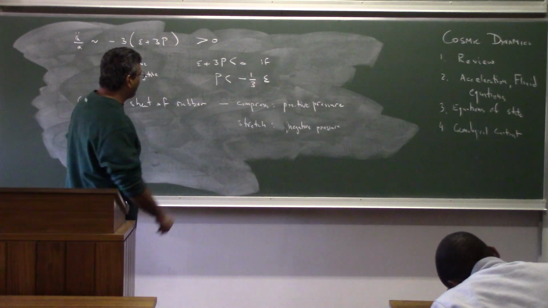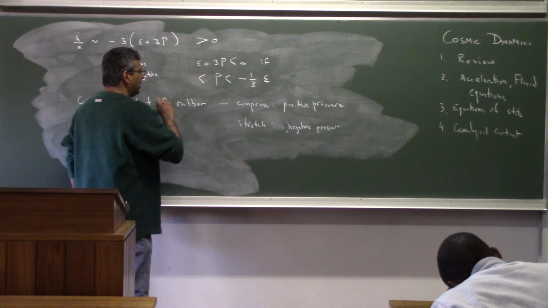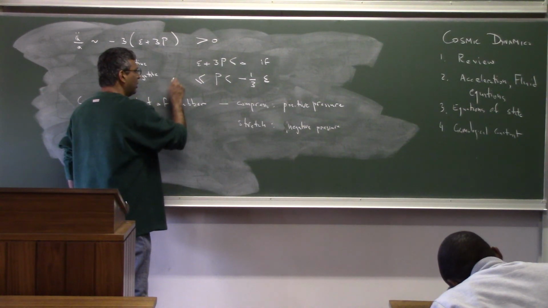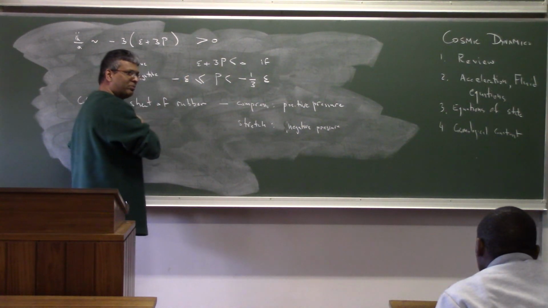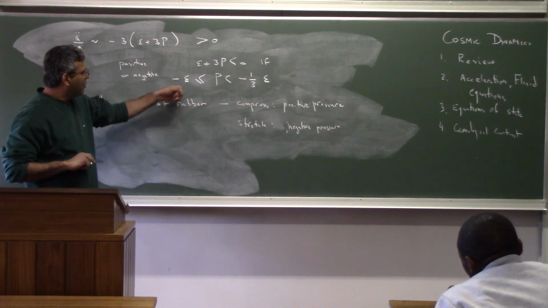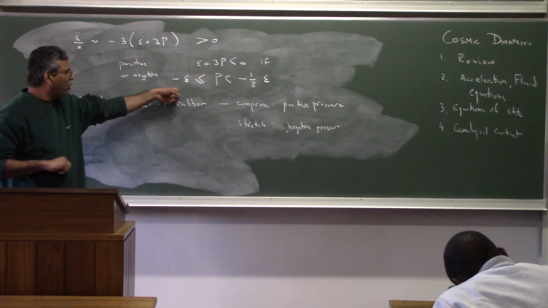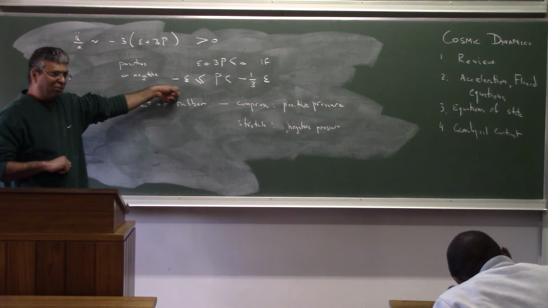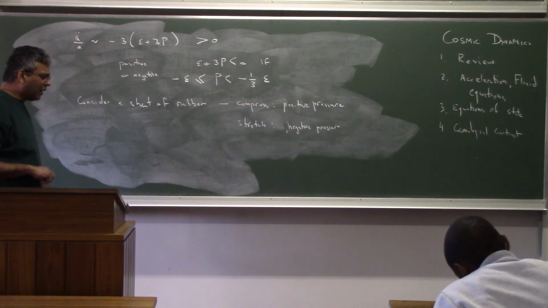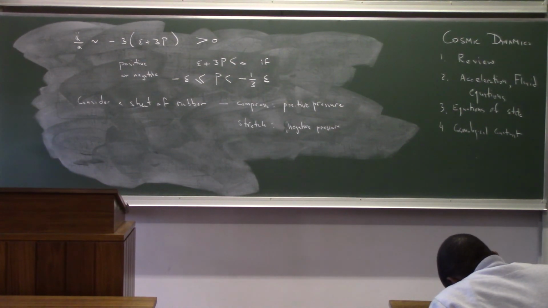It turns out that the pressure is always going to be greater than or equal to minus epsilon. And that's again for reasons of general relativity. If you consider pressures that are smaller than minus epsilon, you end up violating what are called energy conditions in general relativity.